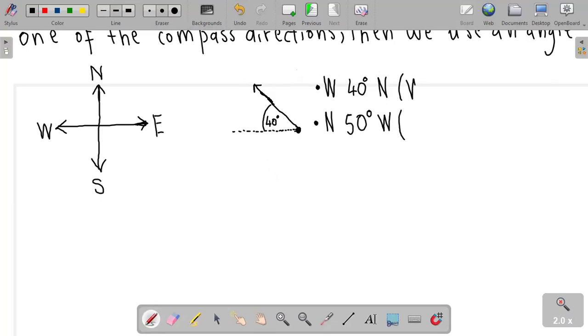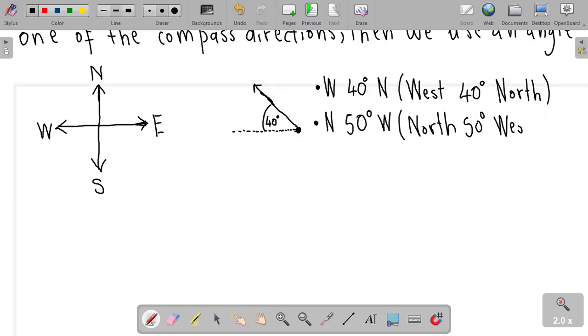We can also say west, 40 degrees north, or north, 50 degrees west. So we could use words, or we could use symbols. It's the same thing.